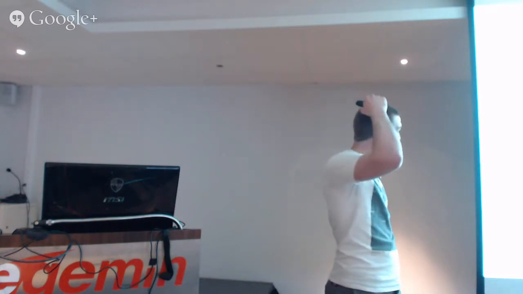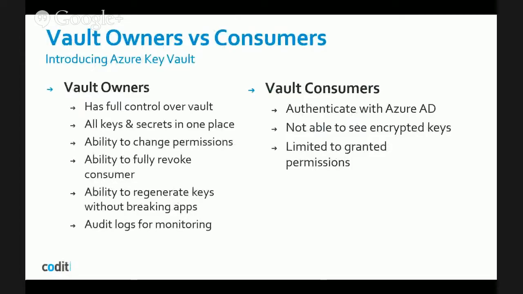So let's summarize. The vault owner has control over the vaults in a way that they control the access control. If someone should only have access for 1 day, they just revoke it after 1 day. They have all their keys and secrets in one place, and all the people who need to consume it will go that way.